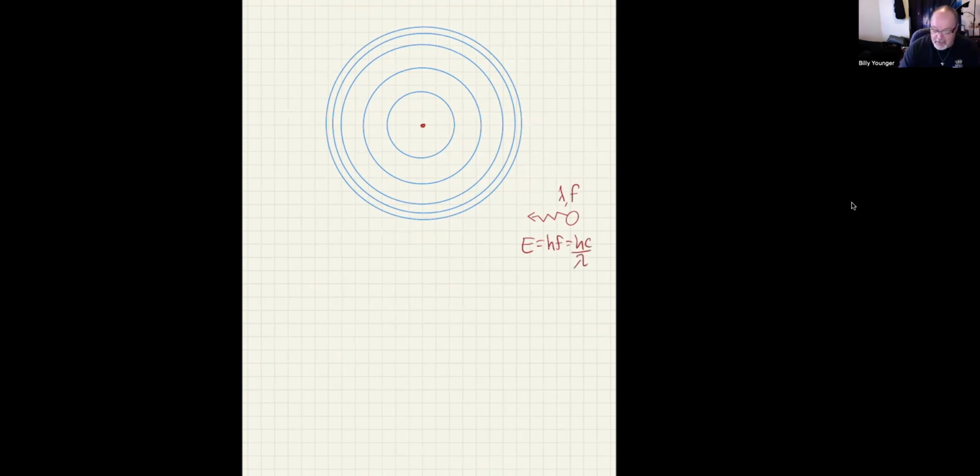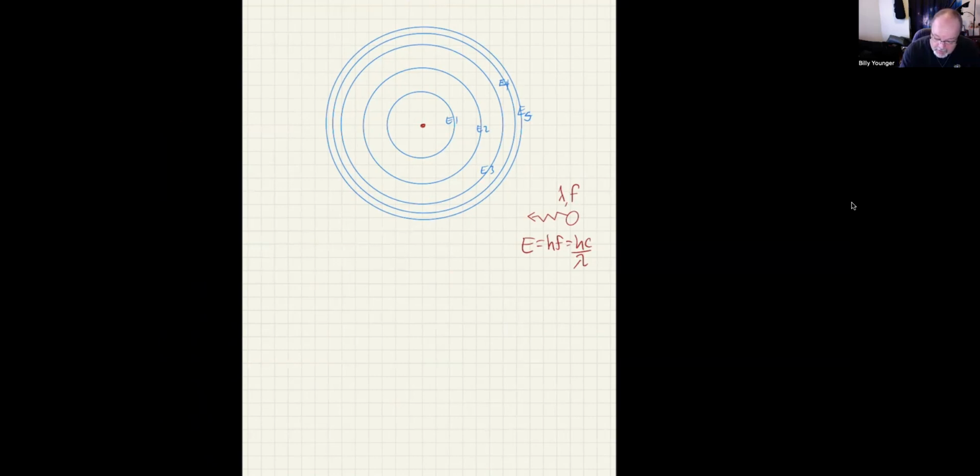So if that energy happens to match an energy difference between, say, E1 and E2, or between E2 and E3, or between E3 and E4, or between E1 and E5, and so forth, then the atom can make use of it, and the photon basically disappears.